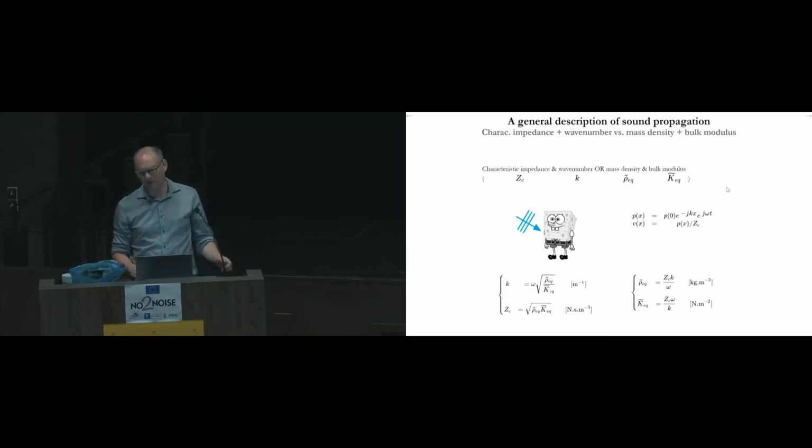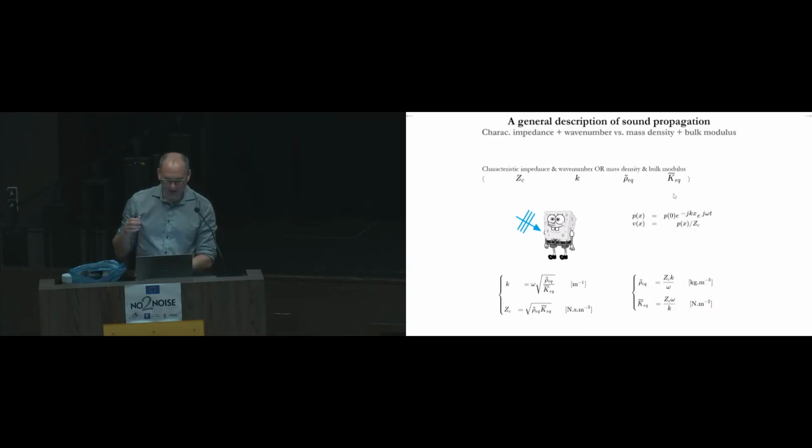When I solved the equation of motion in this narrow tube, I also introduced what I call the dynamic mass density, rho tilde eq. It's a complex and frequency dependent value, and the bulk modulus K tilde eq is the spring effect, the bulk modulus of the air inside the porous material.